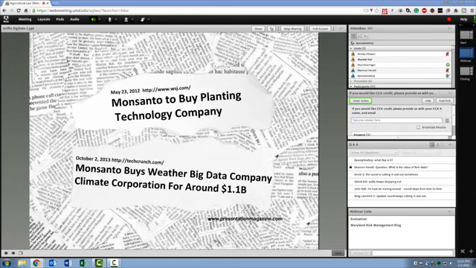And 18 months later, another headline came about when they purchased Climate. Two things to point out are the relative size and the value. Climate was purchased for about 4 times as much as Precision Planting was, but more importantly to me, I think, is the media who is covering this transaction.